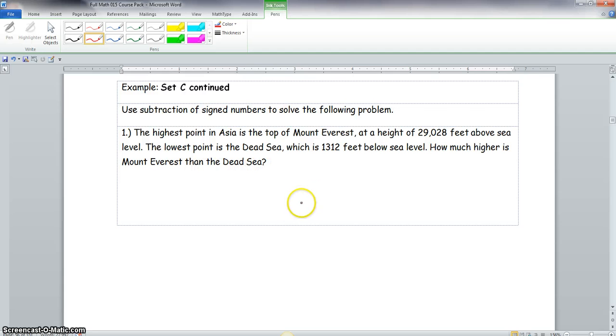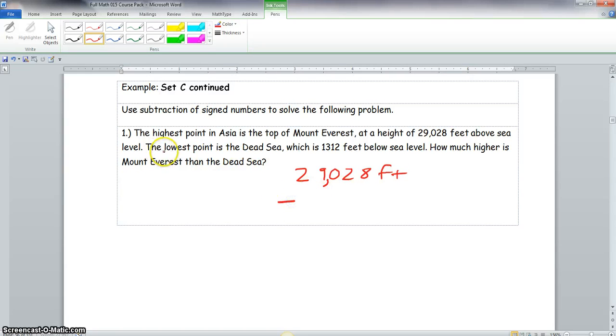Now, whenever we ask a question like how much higher is one thing over the other, we know we're doing subtraction. So if I say how much higher is my age than yours, you would put my age first, then you would put your age, but we would subtract them. So we need to write down 29,028 feet. We'll put our comma here.